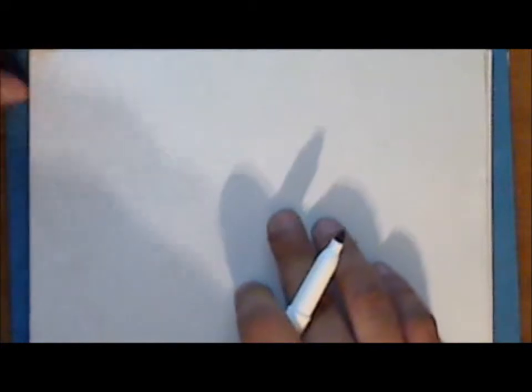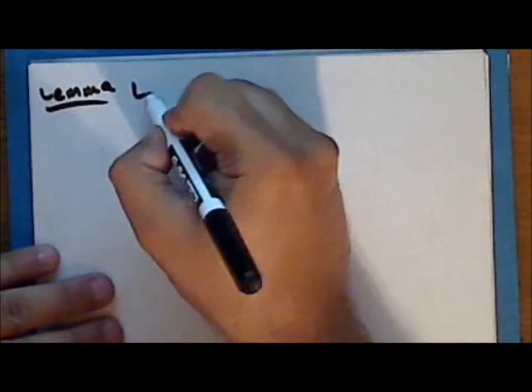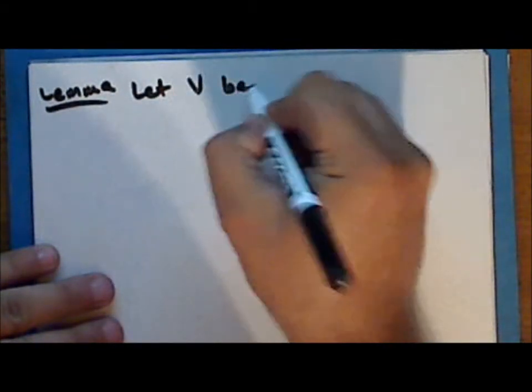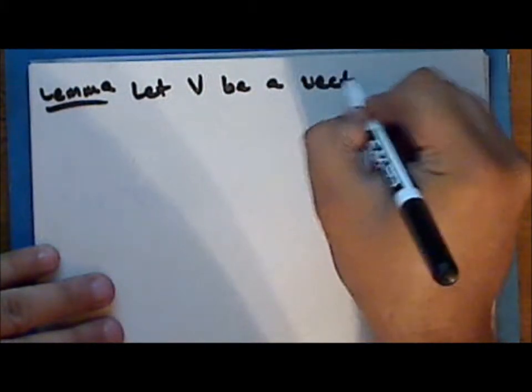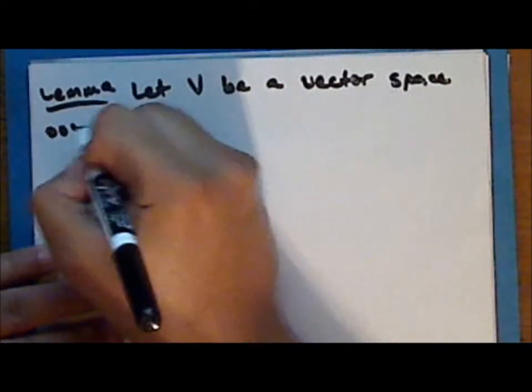So we will show that the quaternions is an algebra over the field of reals, but first we need to establish some lemmas. Let V be a vector space over a field F.